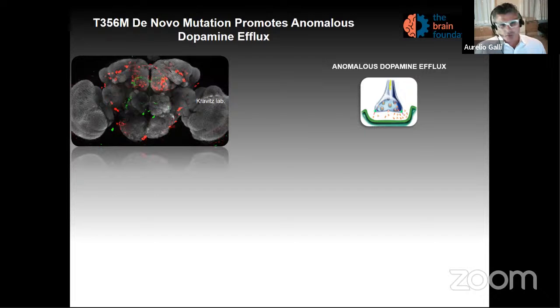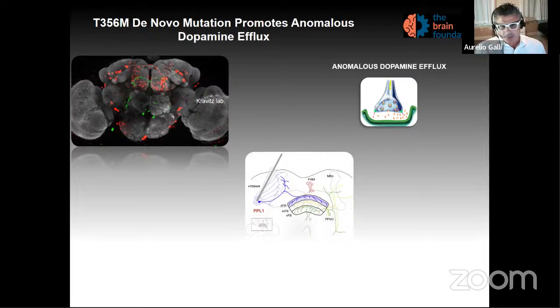Before, the work was done only in cells, and now we wanted to move, of course, to an animal model. So what we use is amperometry, a technique that takes advantage of a carbon fiber that we position in any dopaminergic node of the fly brain. This carbon fiber measures the level of dopamine by oxidation, right? It is represented as a positive current.